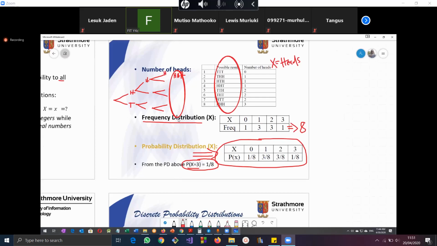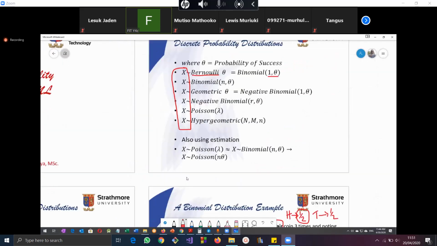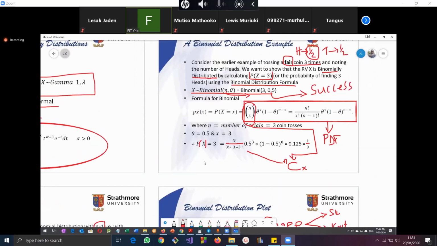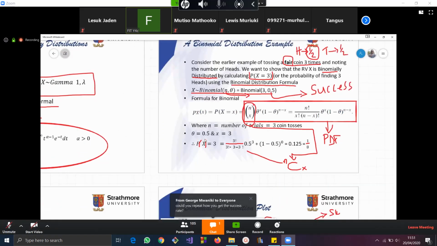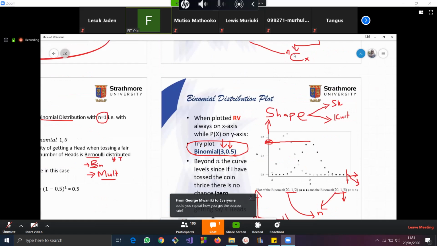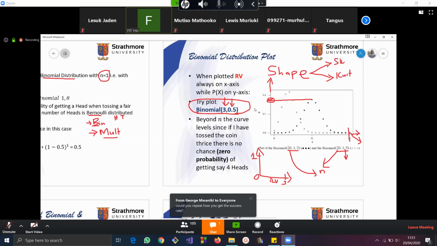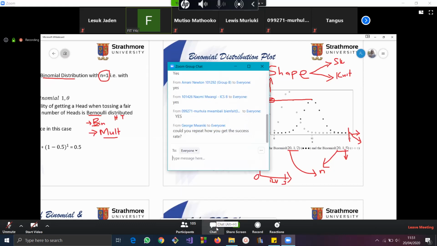So now you know what a variable is, and what distributions look like. They have a formula, they have a graph or a curve. Okay, George is asking how we get the success probability.